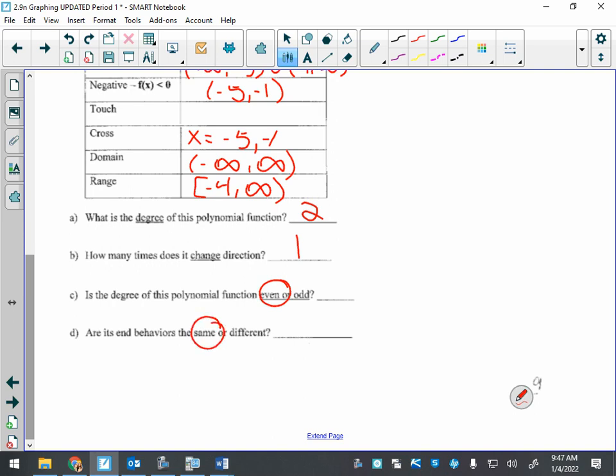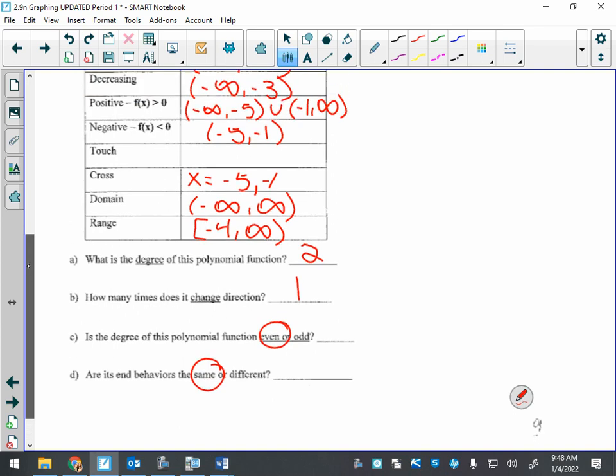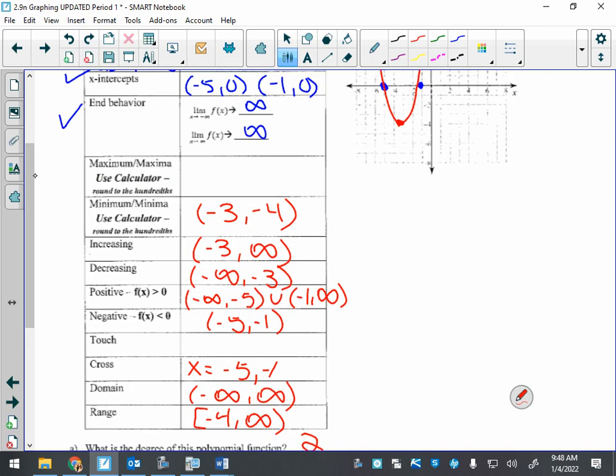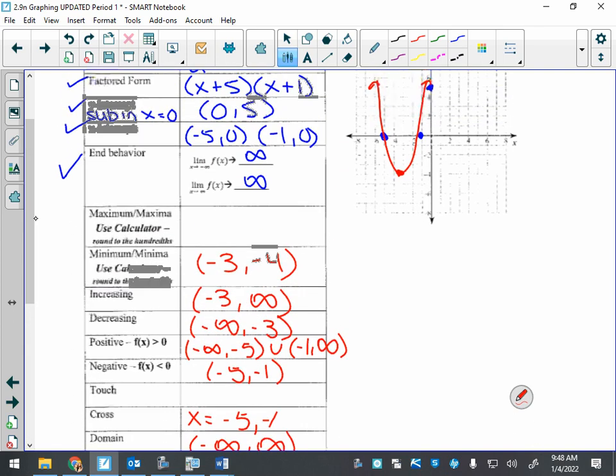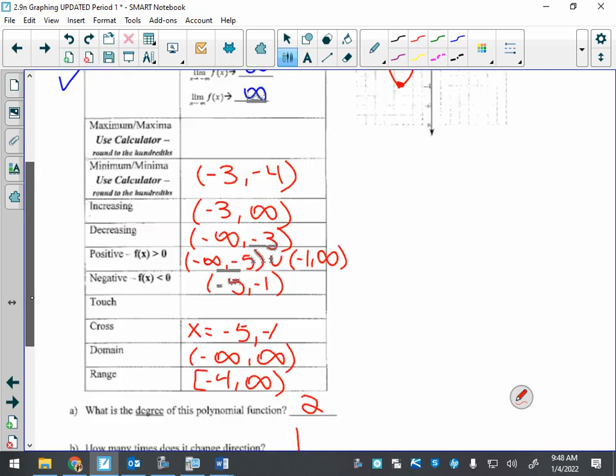Same. Good. So what we did right now is we graphed our knowledge of polynomials, plus we brought back functions. Only when it touches or crosses is where the x-intercepts are.